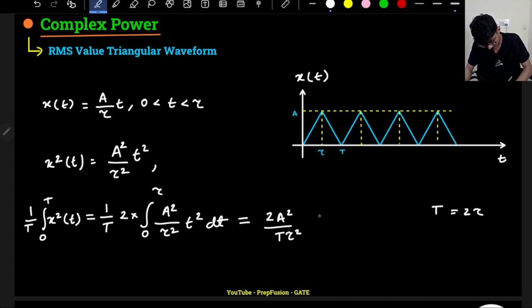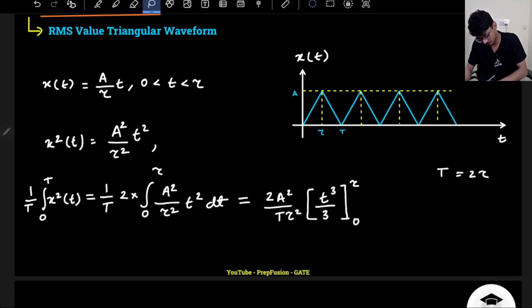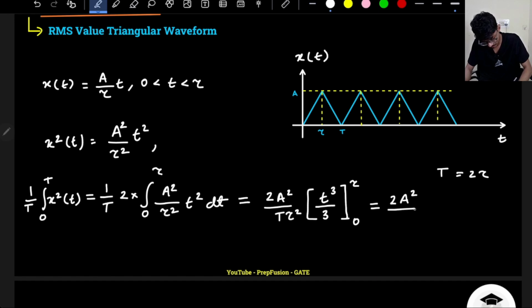So this will be the integration of t square from 0 to tau, which is t cube by 3, so tau cube.